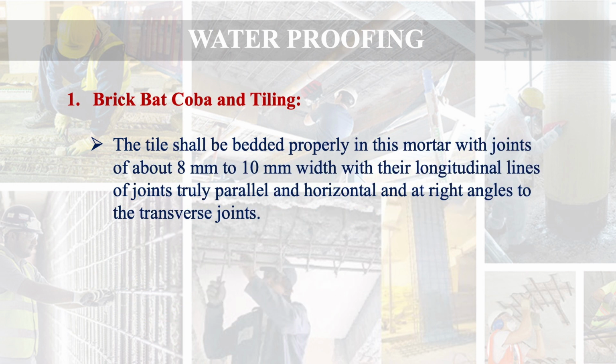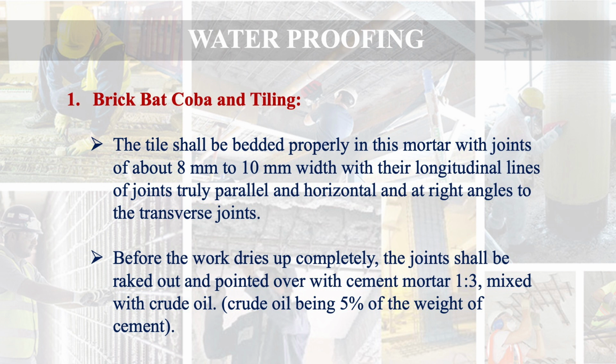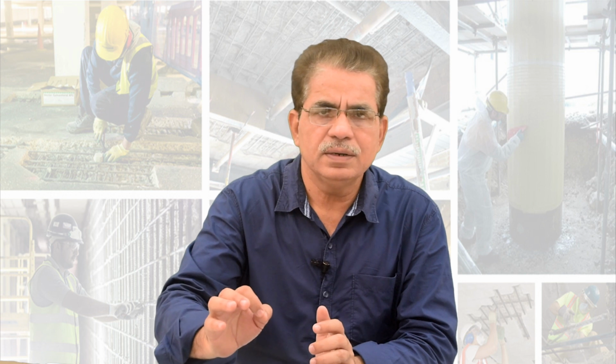The tile shall be bedded properly in this mortar with joints of about 8 to 10 mm width, with their longitudinal lines of joint truly parallel and horizontal and at right angles to the transverse joints. Before the work dries up completely, the joints shall be raked out and pointed over with cement mortar of 1:3 ratio, and that also mixed with crude oil, the crude oil being 5% of the weight of cement.